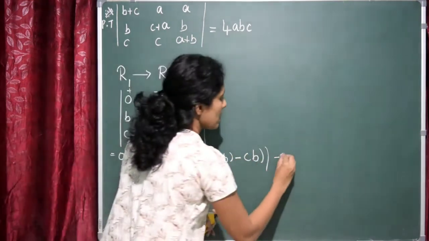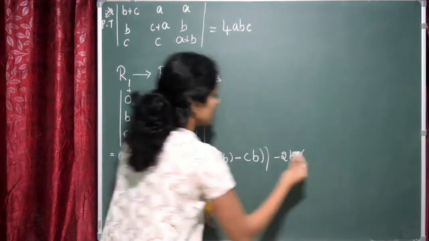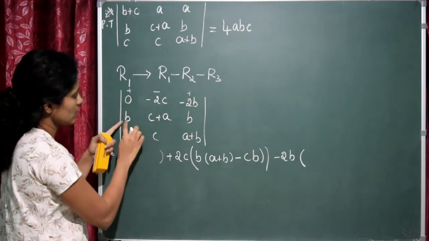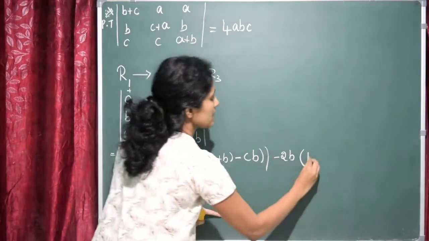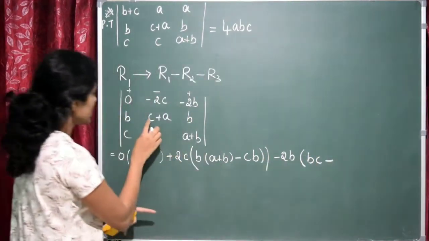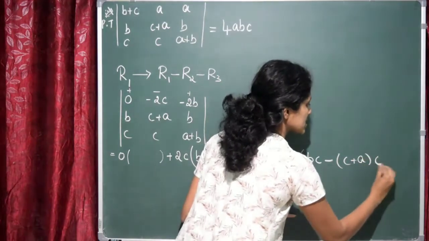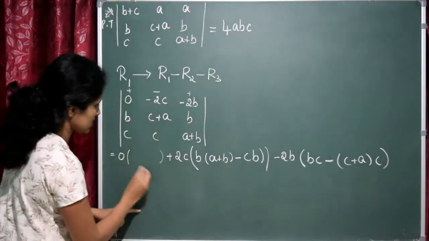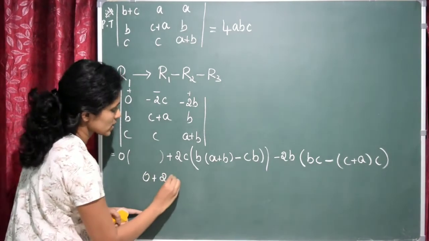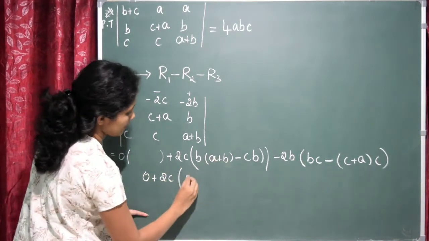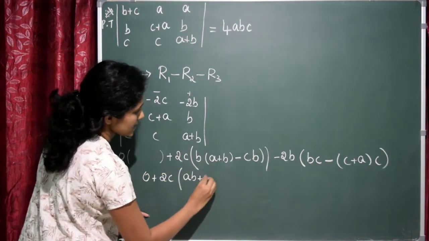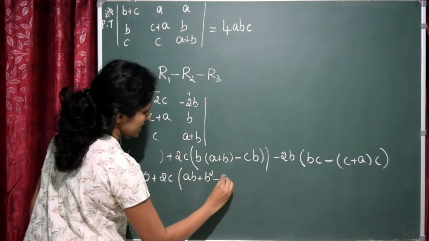Next term will be minus 2b. Now delete first row and last column. So this is b into c minus c plus a into c. We'll expand this one. So this is 0 plus 2c into ab plus b square minus cb.